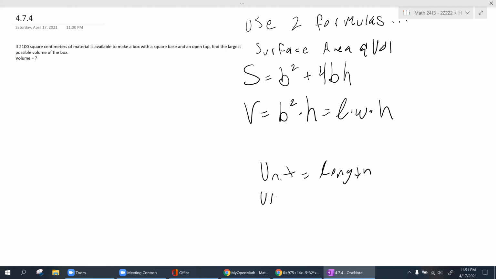If you have a unit squared, this is area, and whenever you have a unit cubed, this is volume. So what they gave me here is an area, an area of 2100.